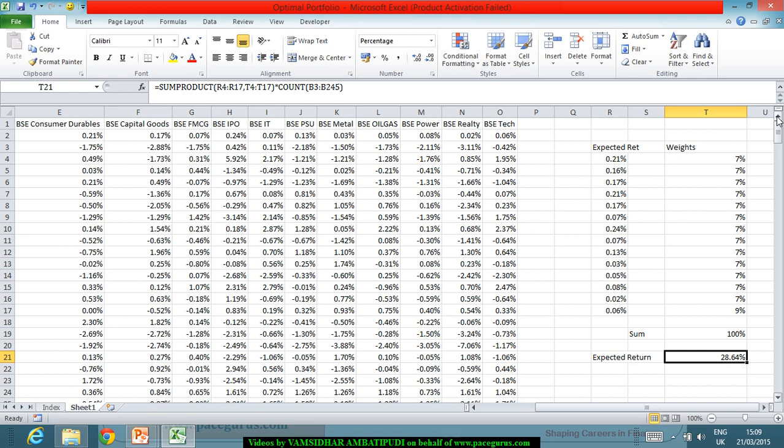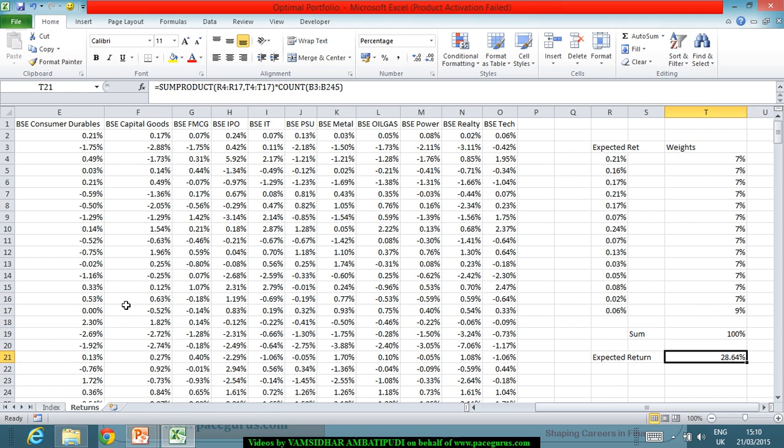Now comes the next aspect. Right here, let me call this sheet the return sheet. So the expected return of this particular portfolio is coming out to be around 28.64.